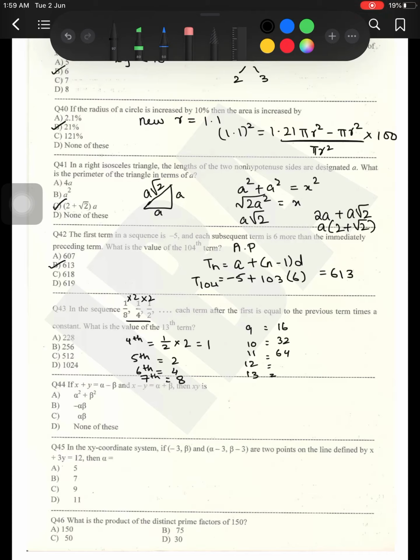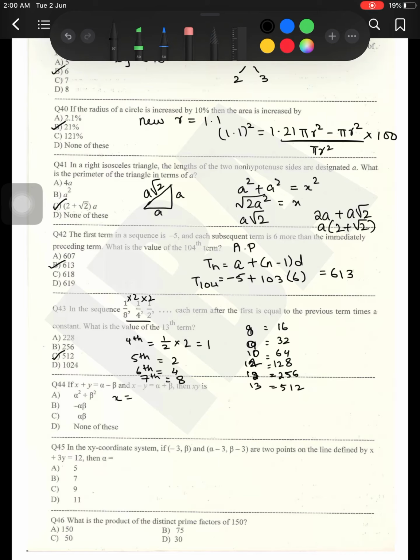Sorry, this is the 8th, this is the 9th, this is the 10th, the 11th, the 12th, and this is the 13th. So 8 2s are 16, 16 2s are 32, 32 2s are 64, 64 2s are 128, 128 2s are 256. 256 multiplied by 2 gives us 512. So this is going to be C.